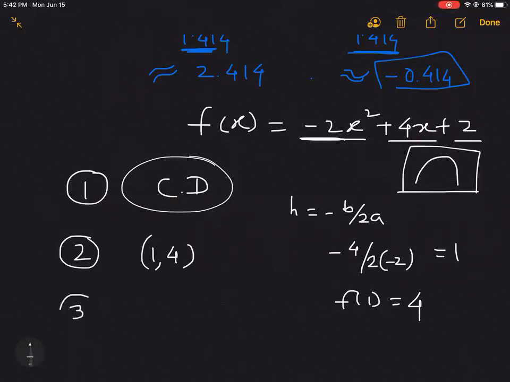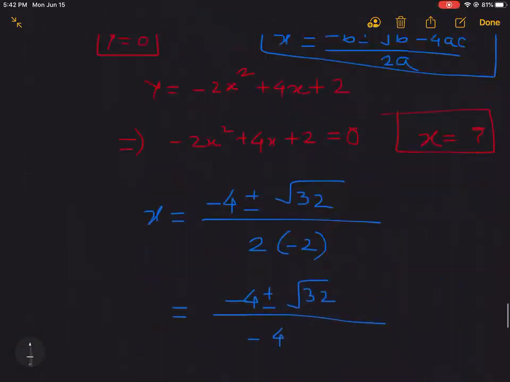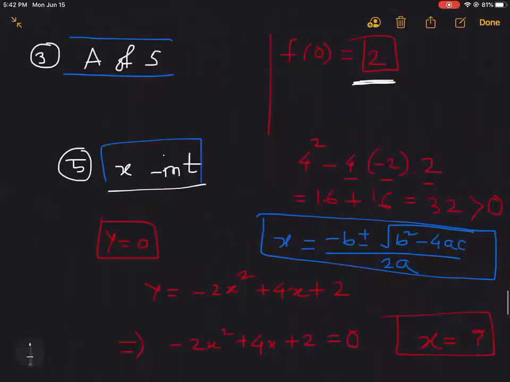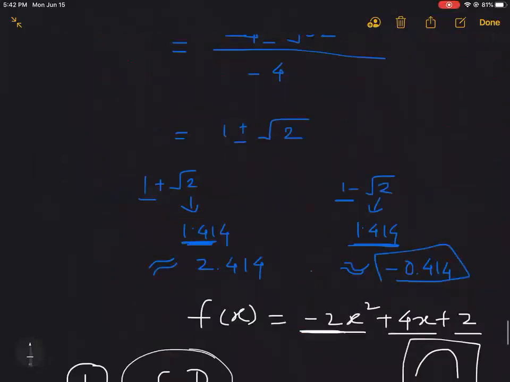And the axis of symmetry, as we know, is x equals h. So x equals 1 will be our axis of symmetry. We have just calculated the y-intercept. The y-intercept is 0, 2, right? That's our y-intercept.